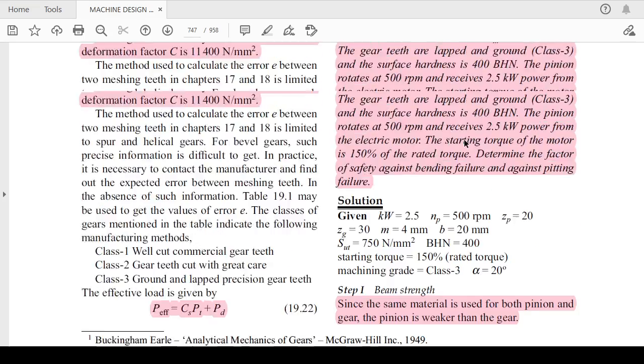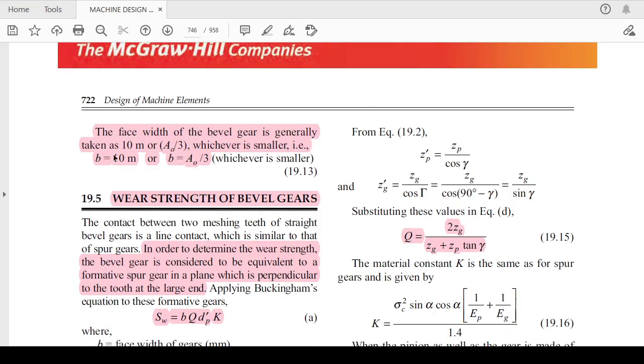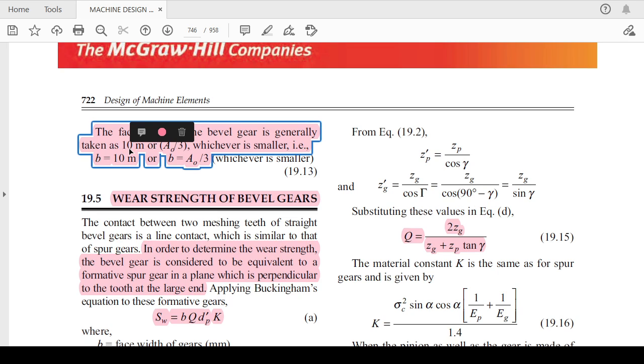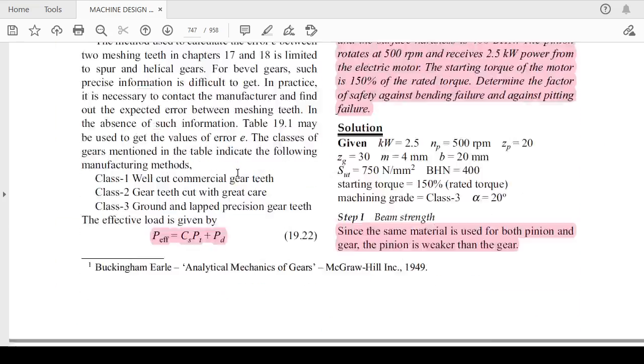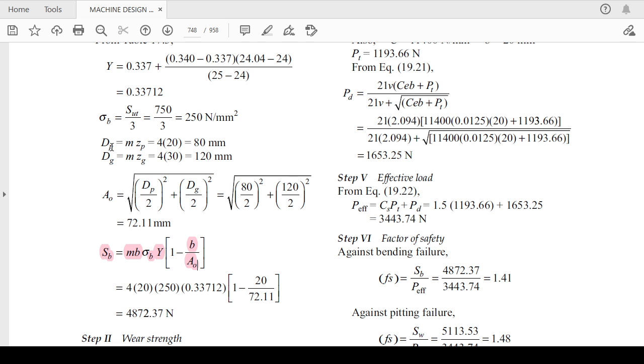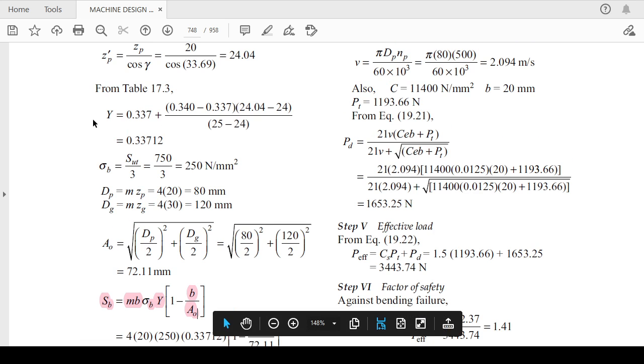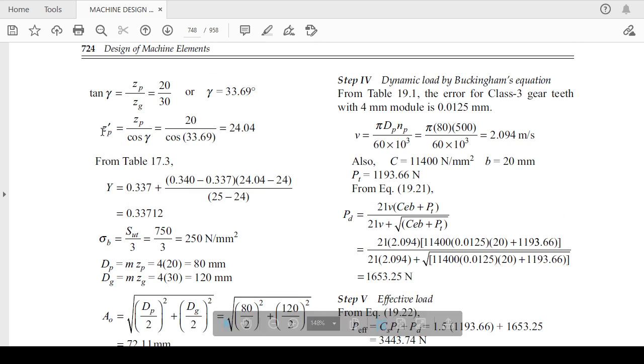If it was not given, then you can apply this formula: face width is the minimum of 10M or A naught by 3. So if you are ready with the value of B, and sigma B you have already calculated as SUT by 3, Y depends on your formative number of teeth, for which you have to calculate the value of the pitch angle.